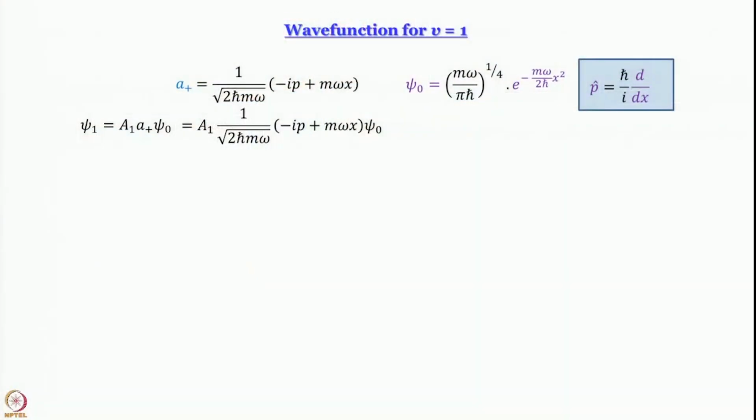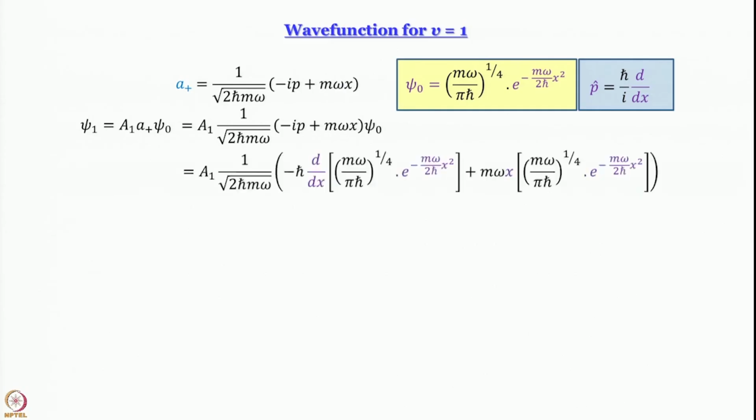But let us not forget what the form of the momentum operator is. The momentum operator, as we know very well by now, is h cross by I ddx, or minus I h cross ddx. So, in the next step we are going to substitute this expression for the momentum operator into the expression for psi 1, so that minus I p plus m omega x operates on psi 0.